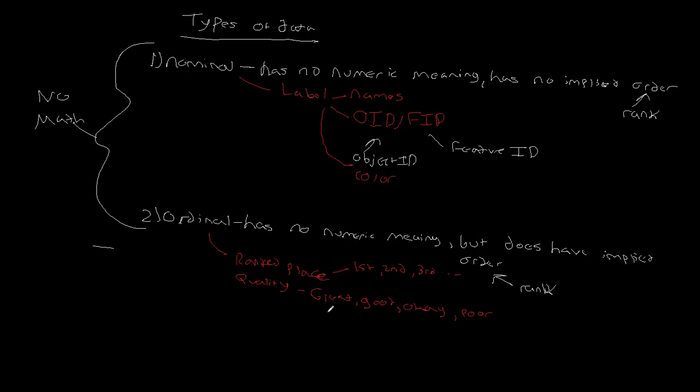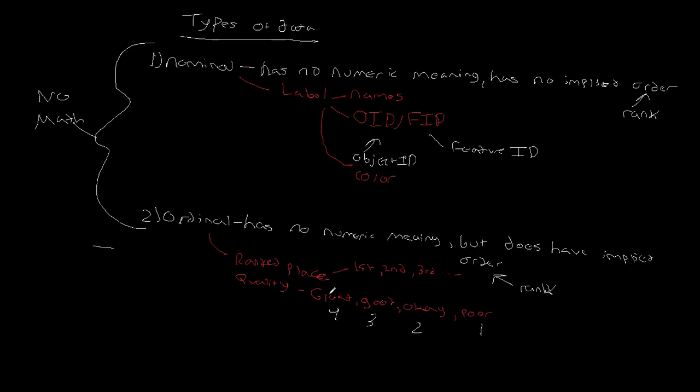So we could say maybe great was 4, good was 3, okay was 2, and poor is 1, right? Even though we're representing these as numbers, because it's just easier to store a 1 byte numeric versus a 32-bit string, right? Basically, numbers take up less space than text.